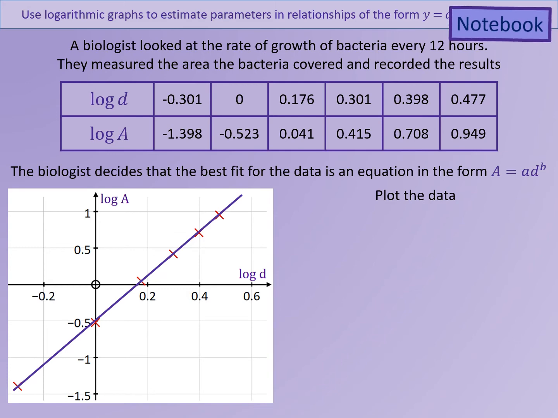And this linear relationship is going to be much easier to deal with because from this graph, I'm going to be able to find the y-intercept and I'm going to be able to find the gradient. And if I can find those two values, it's going to allow me to find the original values of small a and b, and then that's going to give me the original equation of the data.